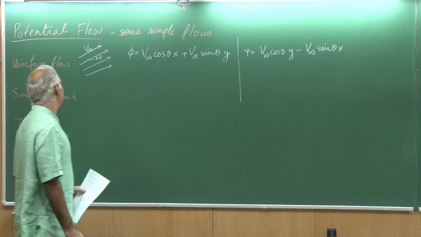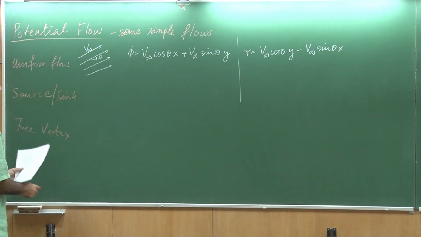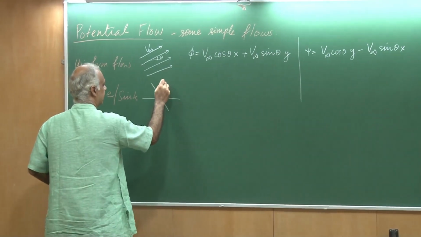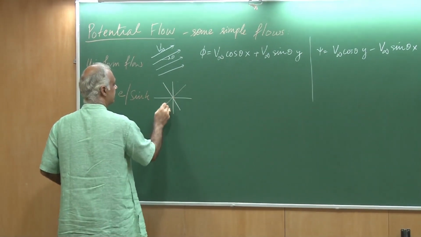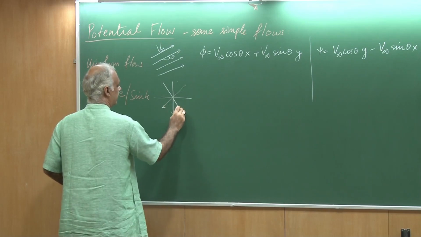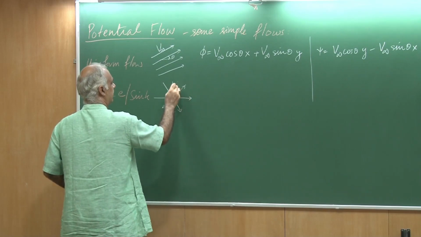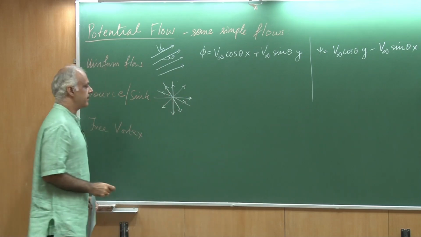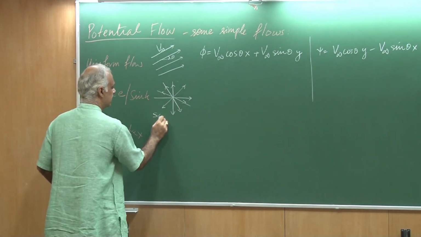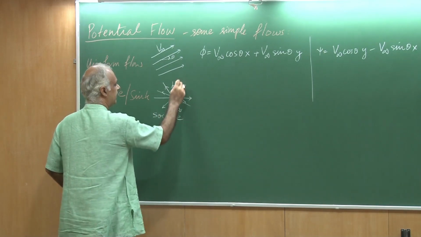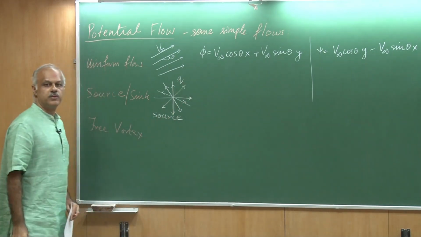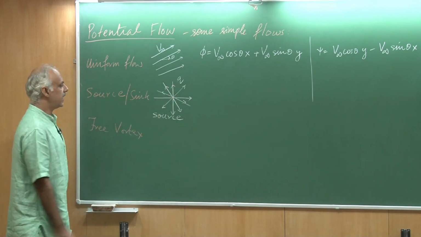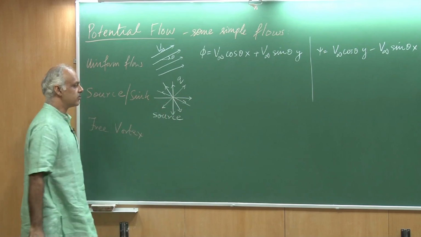Okay. Next we come to the source. So a source flow was described as, if I have it at the origin, these are the streamlines, so that's a source, and the strength was Q. Q represents the volume flow rate that comes out through this origin.